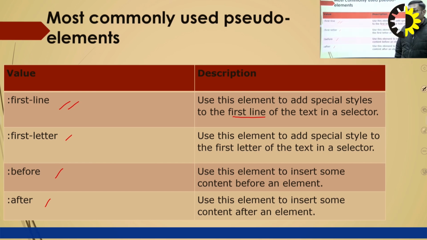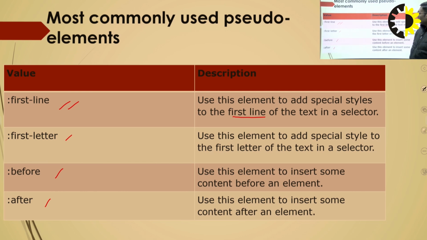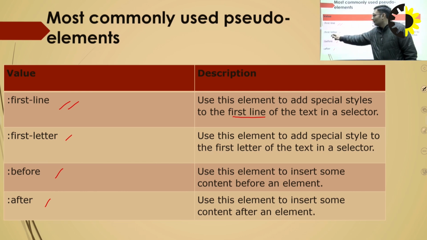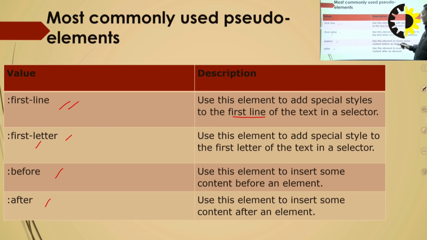If we want to change the style of the first letter, we can use the first letter pseudo element. If we want to change content before an element, we can use colon before. If we want to change the content after an element, we can use colon after pseudo element.